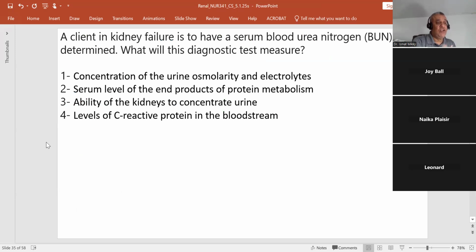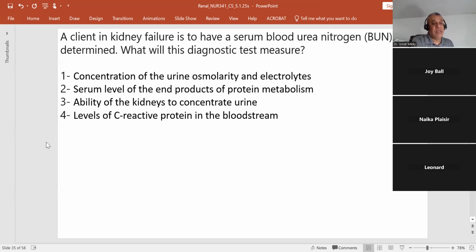Now, a client with kidney failure is to have a serum BUN level determined. What will this diagnostic test measure? In other words, if you go back to the difference between the creatinine, the BUN, and the GFR, creatinine clearance as indicators of kidney function, what does the BUN tell you? What is the BUN?